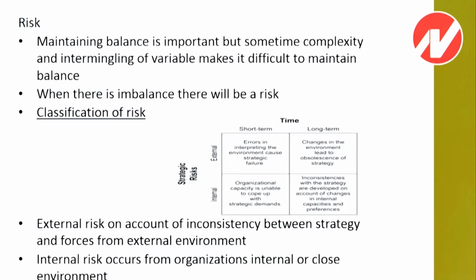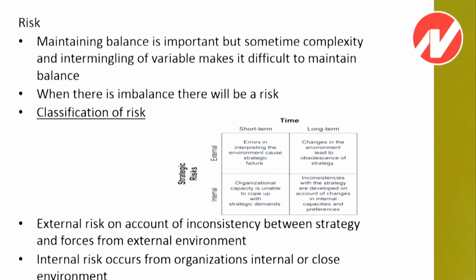Whatever resources my strategy requires, my organization's internal capacity and internal resources are not able to cope with it. And long term means inconsistency with the strategy, developed on account of changes in internal capability and preferences. The internal organization's capability and the strategy you designed are inconsistent.